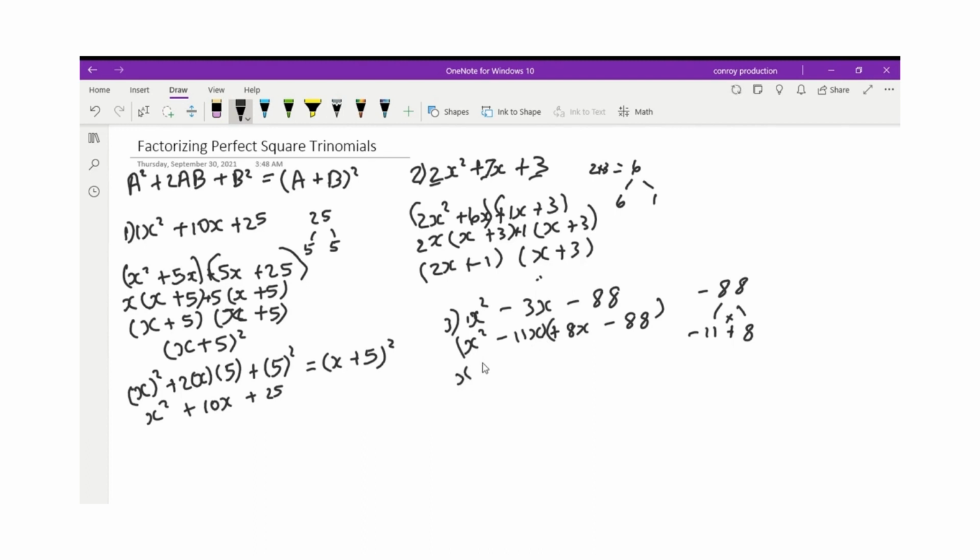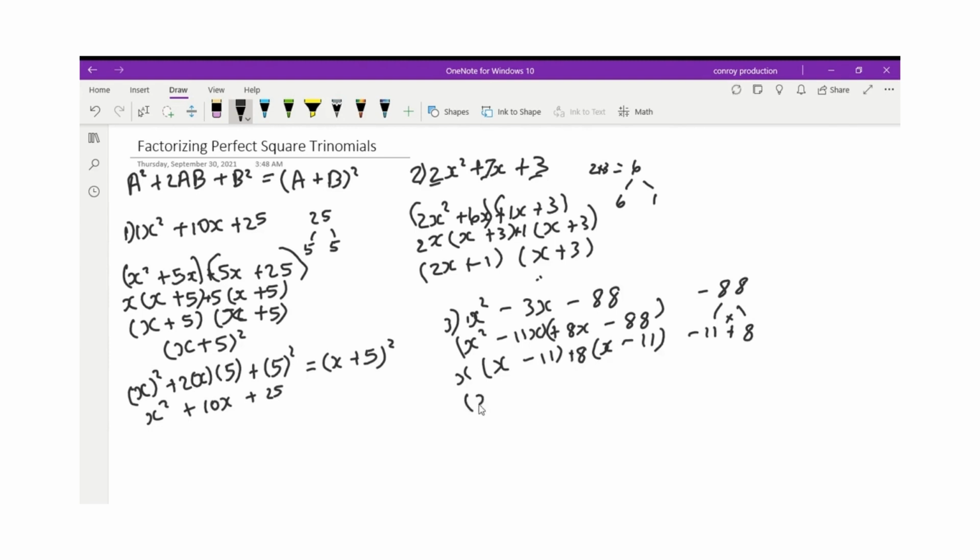We can factor out the x, x minus 11, and factor out the 8, x minus 11, since 8 into 88 goes 11, and this will be a positive 8.